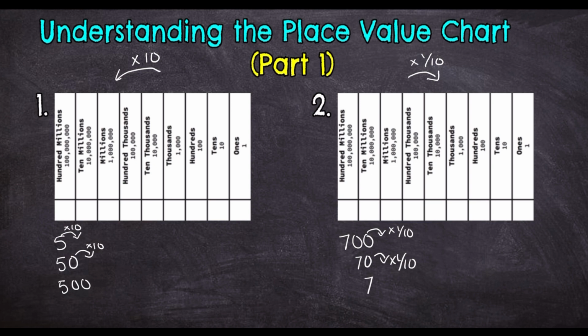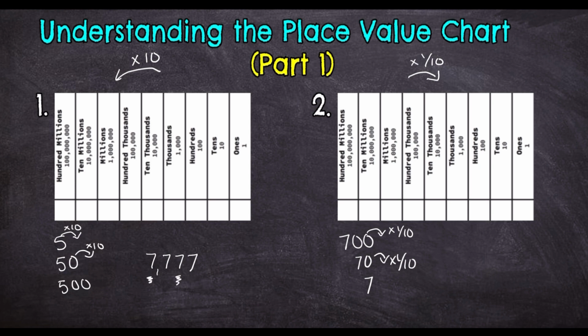Now, say that we have 7,777. And we wanted to figure out, well, how many times greater is the 7 in the thousands place than the 7 in the tens place?